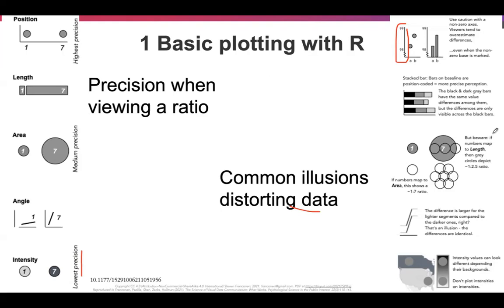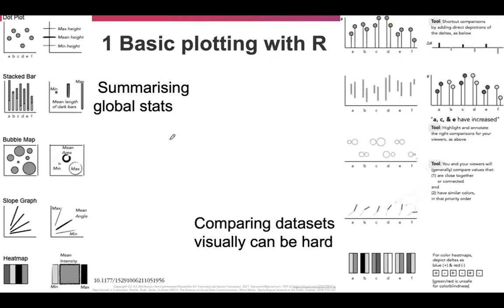If we have different colors for different nodes, then it may be difficult to scale the area properly, as you can see represented by these circles here. And then we have intensity values, where the backgrounds that are used for these intensity values can also have big effects.